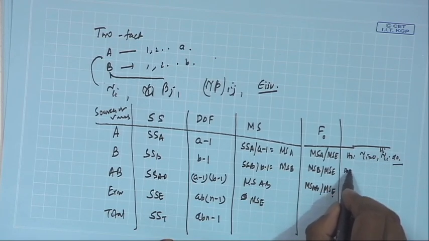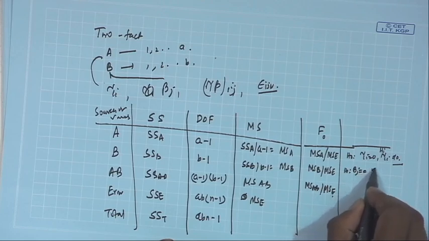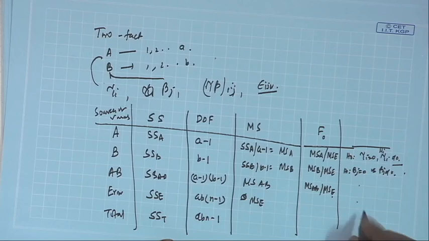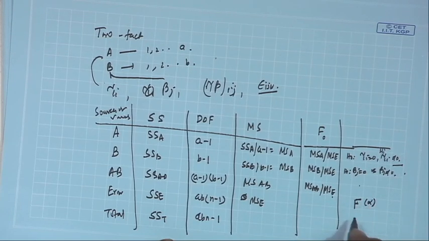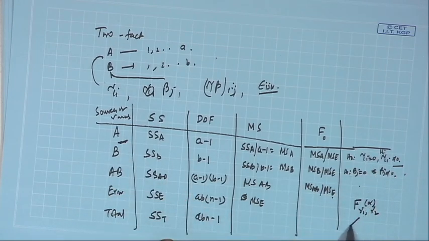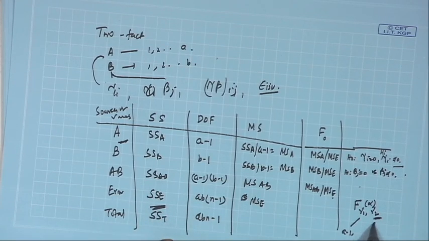Similarly, H0 beta j equal to 0 versus beta j not equal to 0 for at least one j, and similarly for the AB interaction. Then there will be your threshold value, which is F alpha, with numerator degrees of freedom and denominator degrees of freedom. For factor A, nu 1 is a minus 1, and nu 2 will always be the same because this is the error degrees of freedom, ab into (n minus 1).